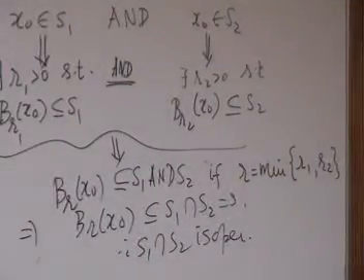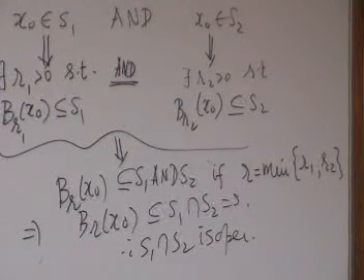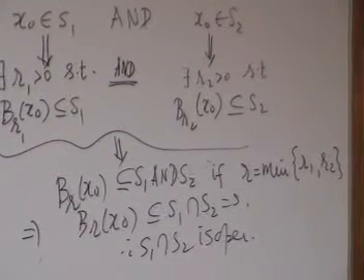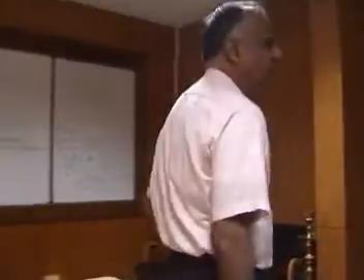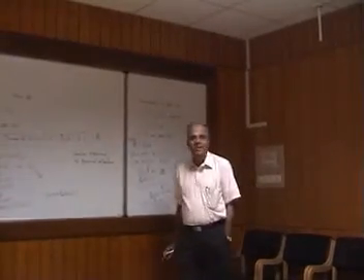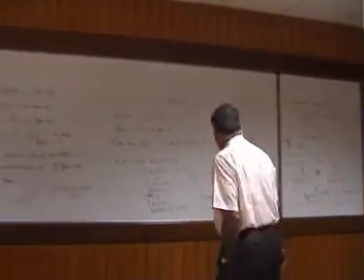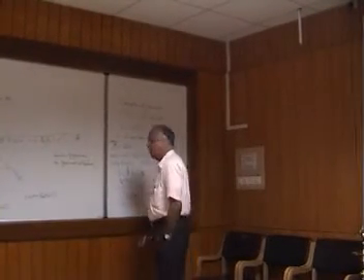So the intersection of two open sets is not going to give you anything new. Again, it's going to give an open set. Suppose I put 3, what will happen? Again, I will take the minimum of R1, R2, R3. Instead of just the minimum of R1 and R2, I will have to take the minimum of R1, R2 and R3, and it will still work. Notice, R is greater than 0.